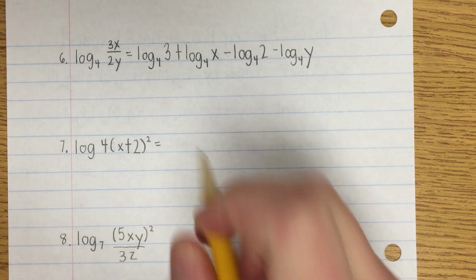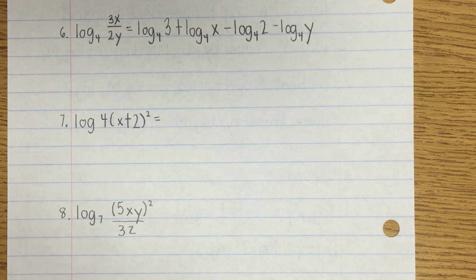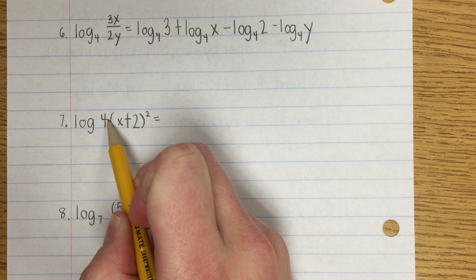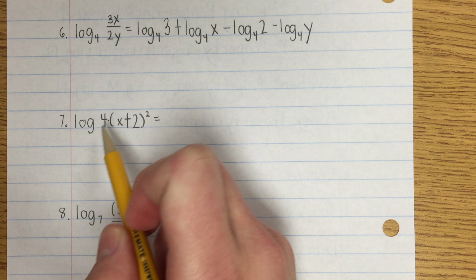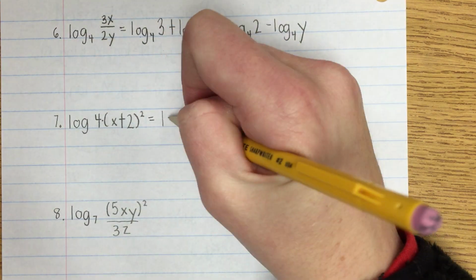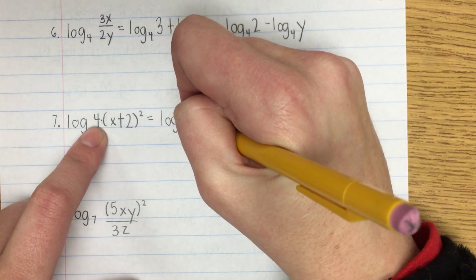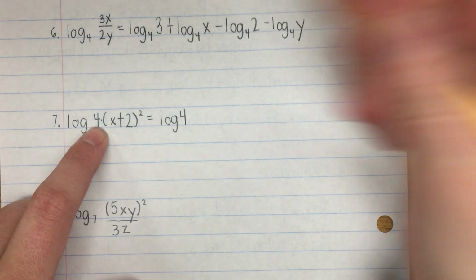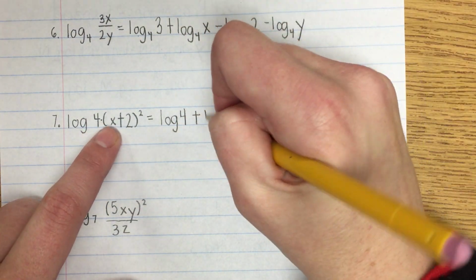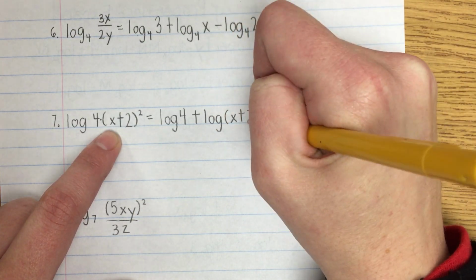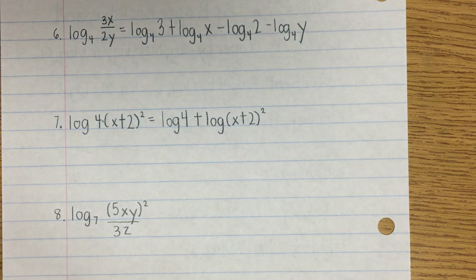Looking at this one, what I have here is, remember that when I have a number in front of parentheses, that means times. So I'm going to use my product property and say that this is the same as log 4 plus, because they're being multiplied, log x plus 2 squared.